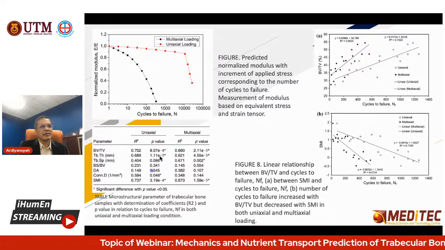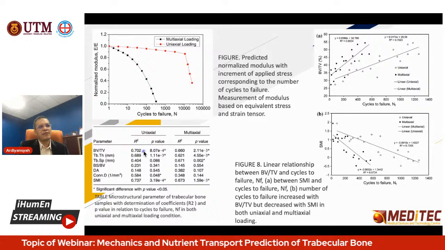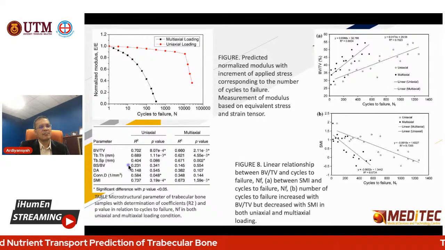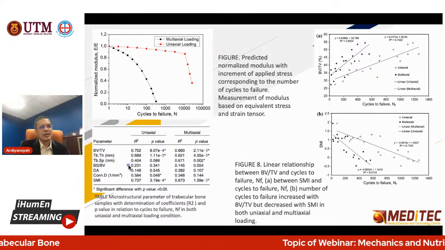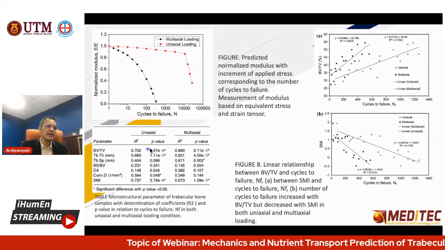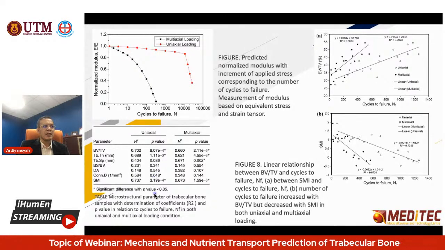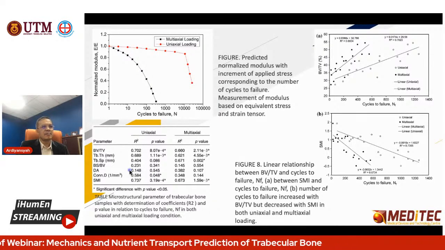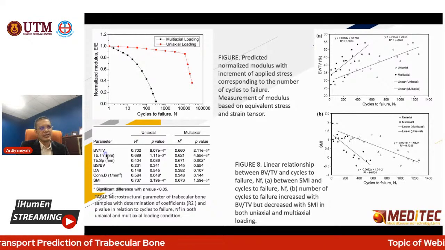Here you can also check what the effect is. We can check the morphology that affects the fatigue life of the trabecular bone. If you check here, the most effective, the first, is the volume fraction.